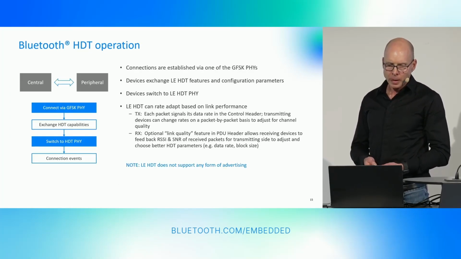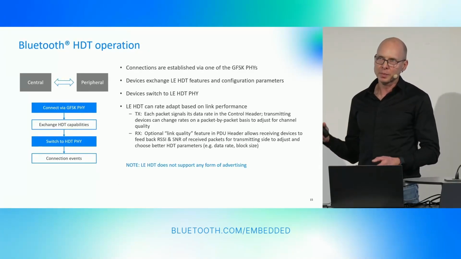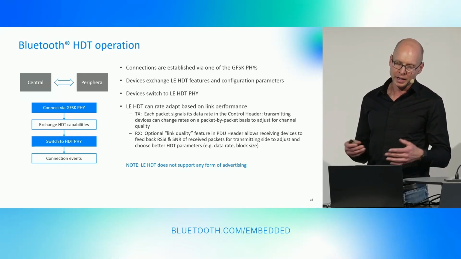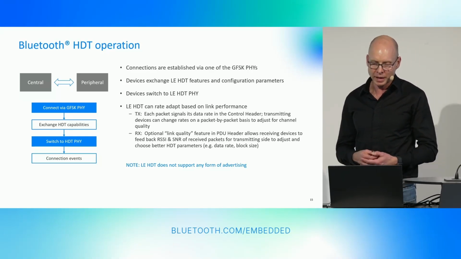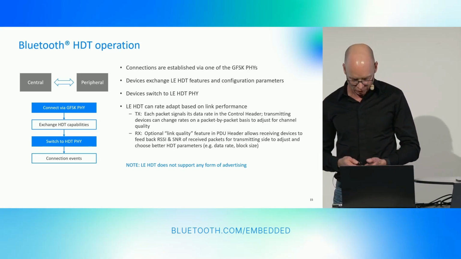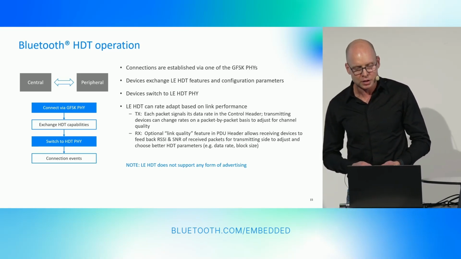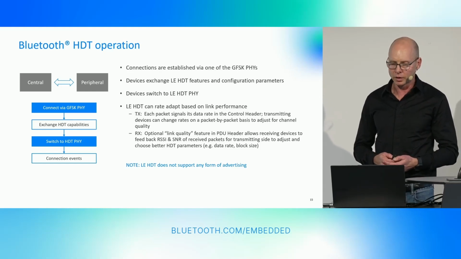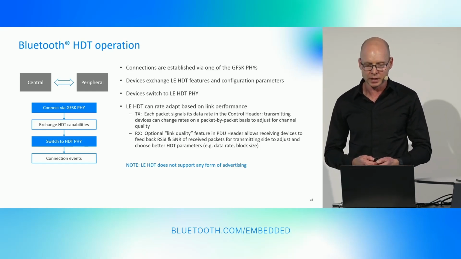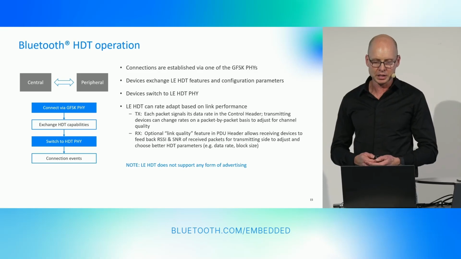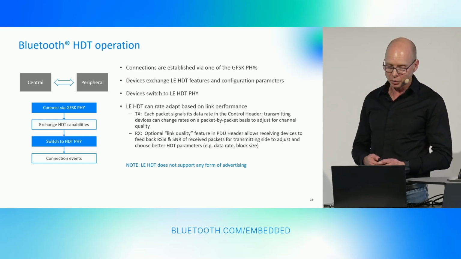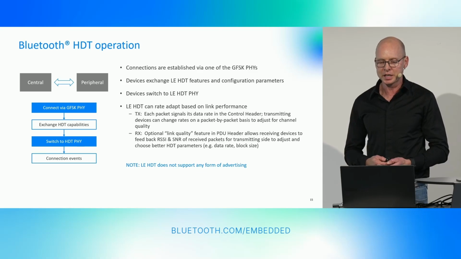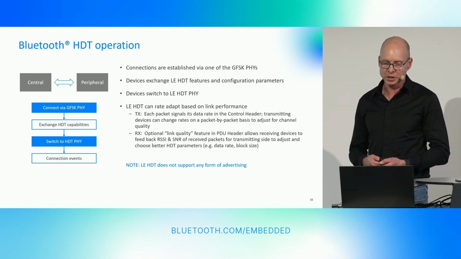All right, so now that concludes my high-level technical overview of HDT. But let me also describe how it operates at a high level. First, the connections are going to be established via one of the existing GFSK PHYs. The GFSK connection may or may not be encrypted. It's up to the implementer. The devices will then exchange HDT features and configuration parameters.